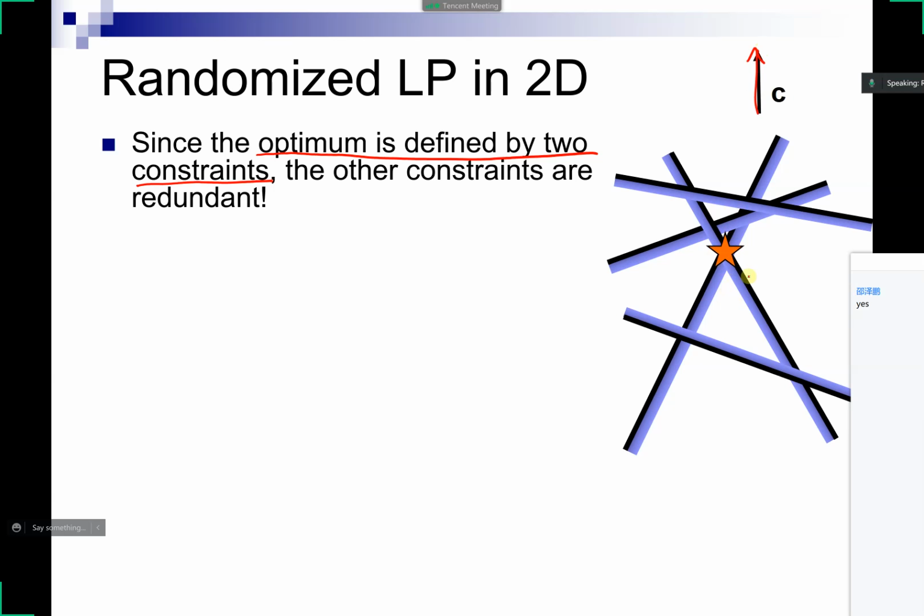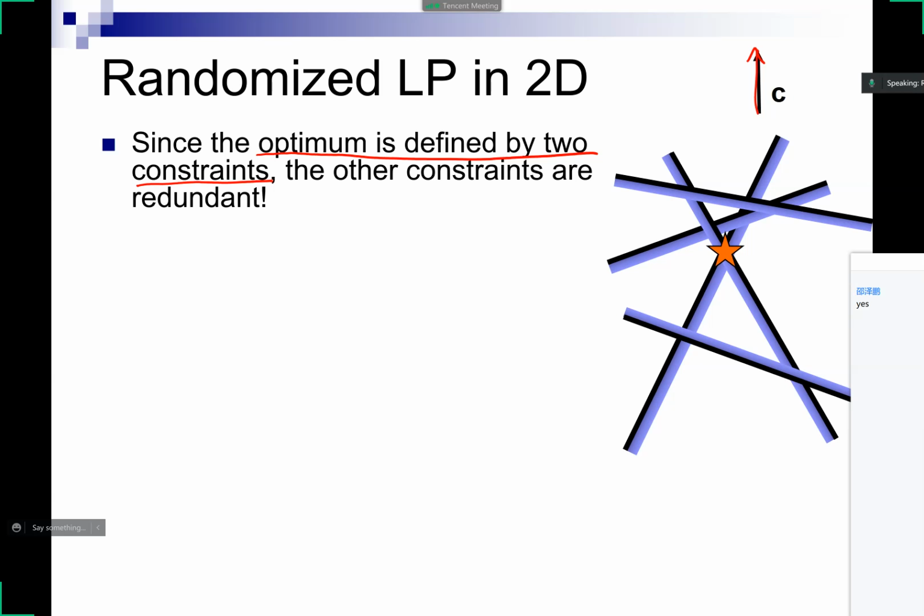Basically you need to satisfy all of these constraints. So for example, you need to stay within this triangle, and within this triangle, you're trying to move up as much as possible. The farthest you can go is to the star point. Now, in total here, we have 5 constraints.